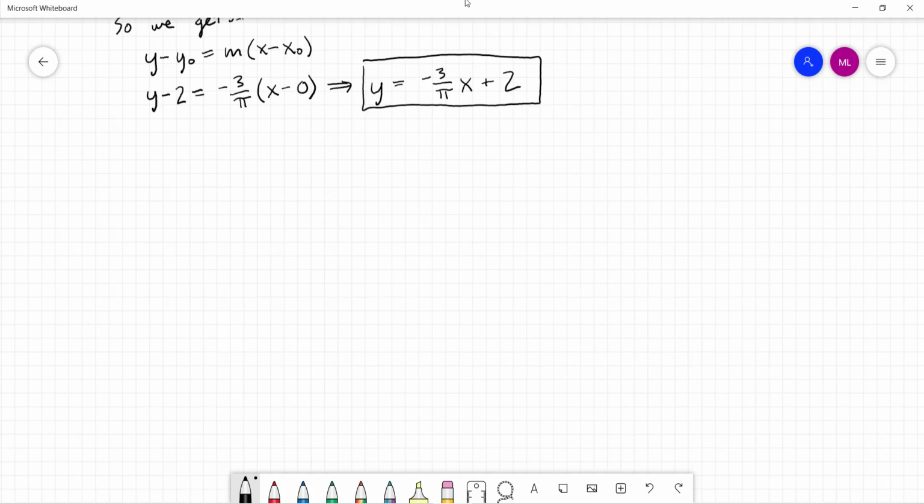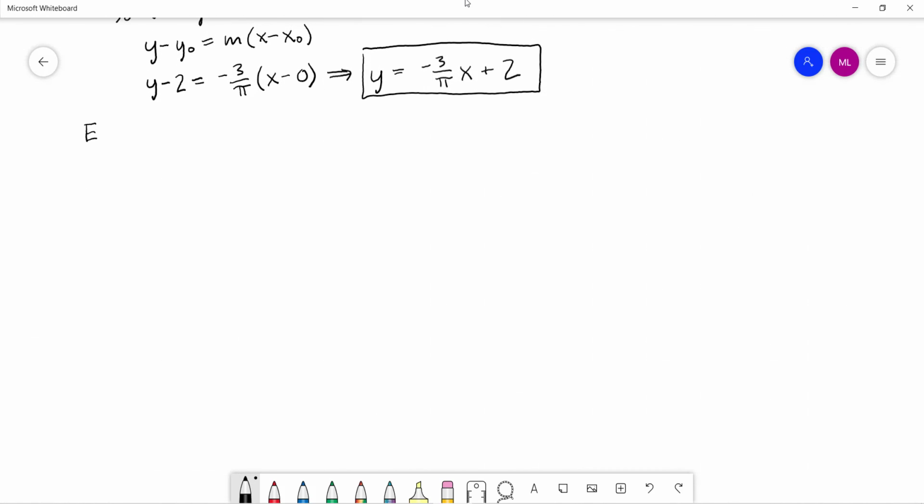We can ask other questions. So for example, for which values of t is our given curve concave up or concave down? Let's say in this case we're interested in it being concave up.